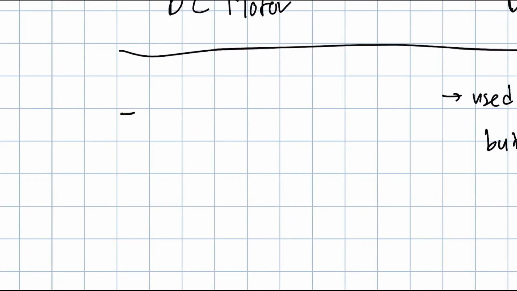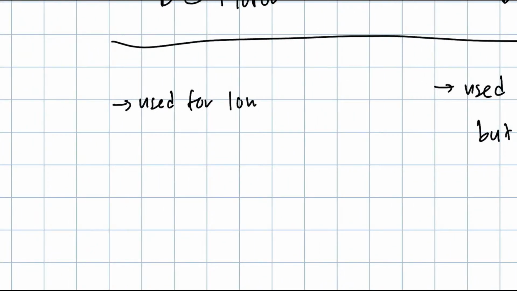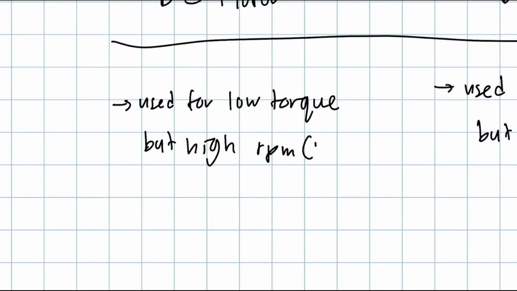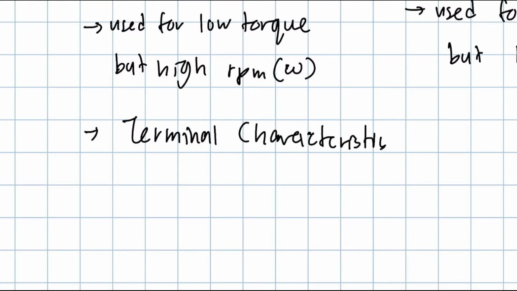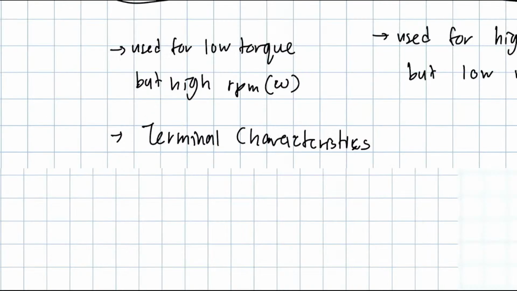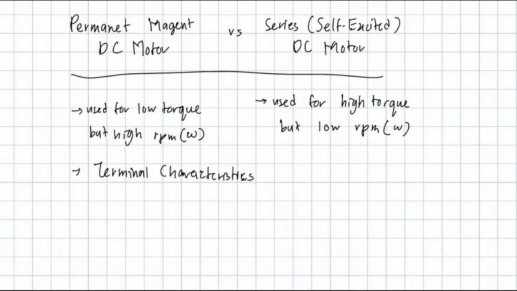This one is used for low torque but high RPM. And this will say omega, because of the terminal characteristics there. Characteristics. Okay, you guys can write this down.